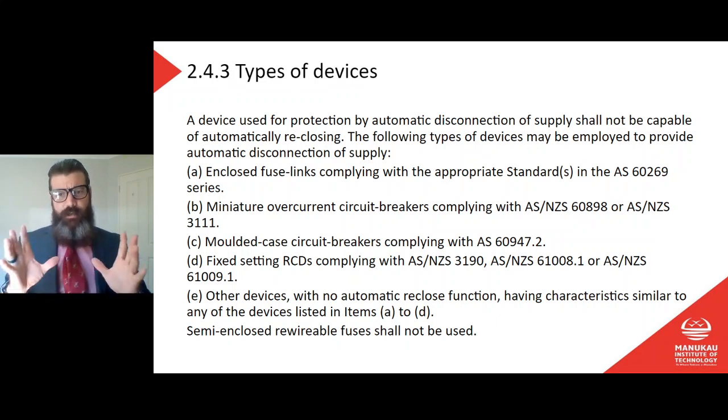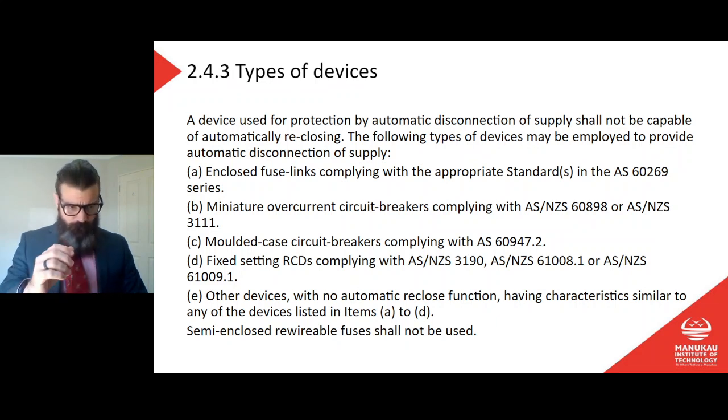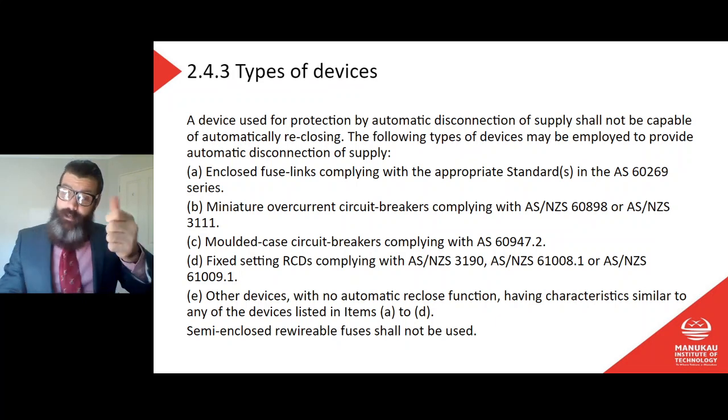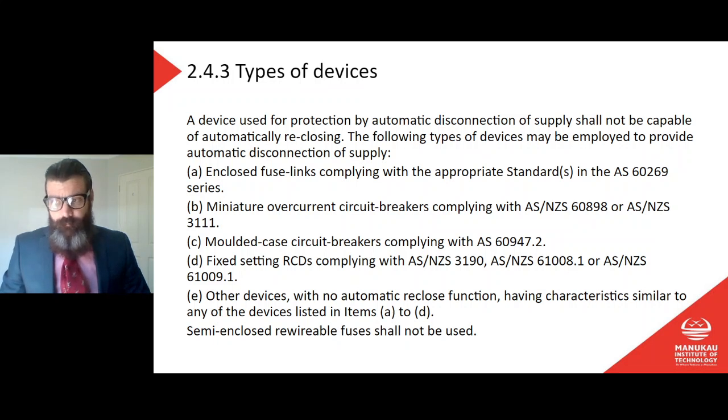But in terms of your day-to-day stuff covered by AS/NZS 3000, normal low voltage installations, there must not be any ability for that to automatically reconnect. Once it's disconnected, somebody has to go and manually reset it, or manually reset it in the case of an RCD or MCB, but actually by changing out the fuse link in an HRC or something, right?